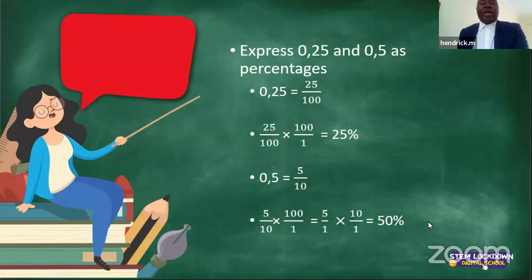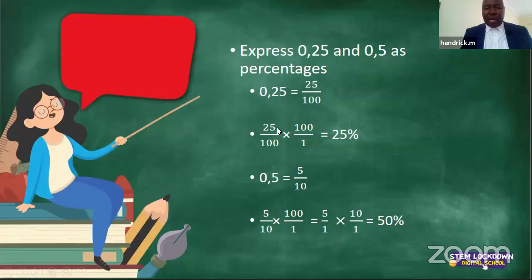Now that we have a common fraction of 25 out of 100, you multiply it by 100. You can see that 100 is the denominator, and once you multiply it with 100, which is a numerator, they will cancel out.